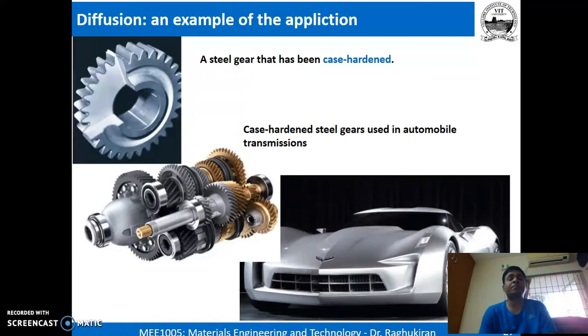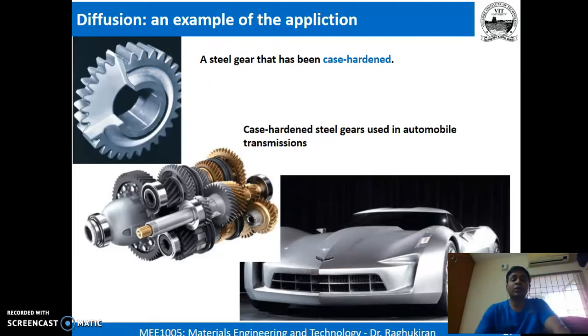So I want it not to fail in a brittle manner. That is why I use materials that have not just high hardness but also sufficient toughness and ductility. But if I choose a material without very high hardness, then the surface will suffer. It will quickly wear out or change its shape, which should not occur.